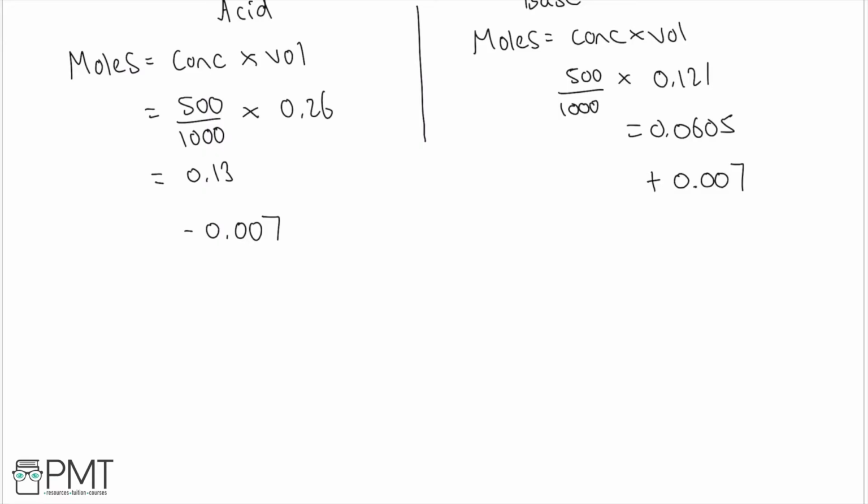Therefore, we will do 0.13 minus 0.007 to get 0.123, and 0.0605 plus 0.007 to get 0.0675.